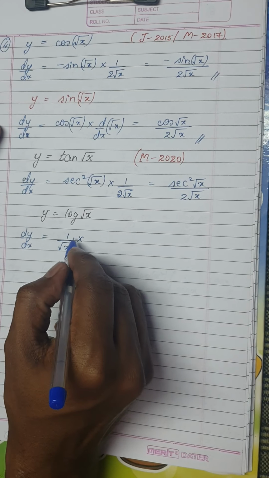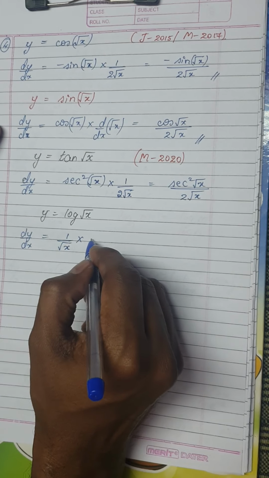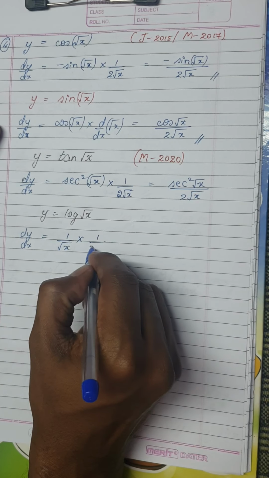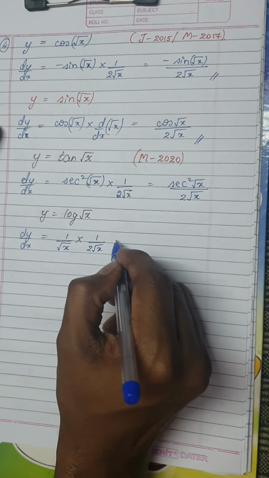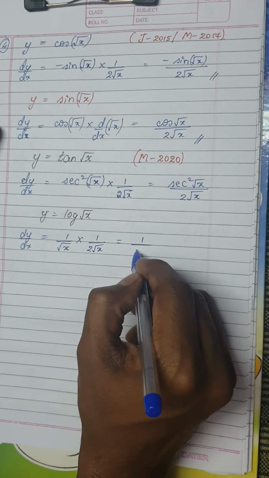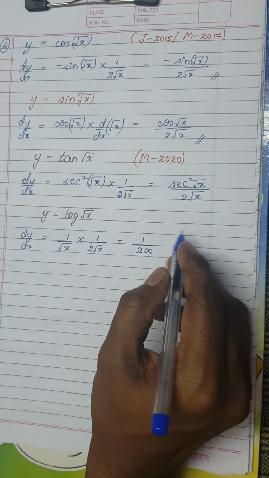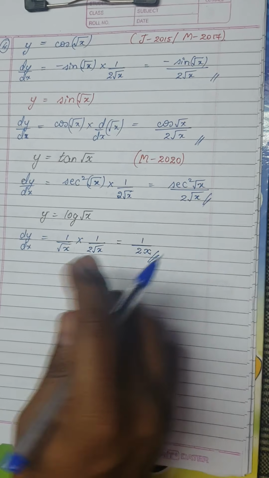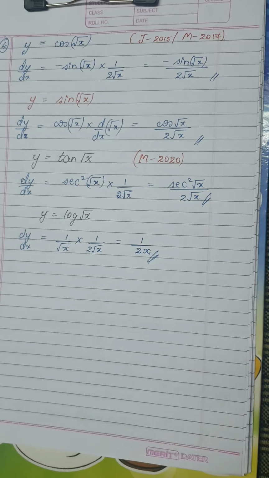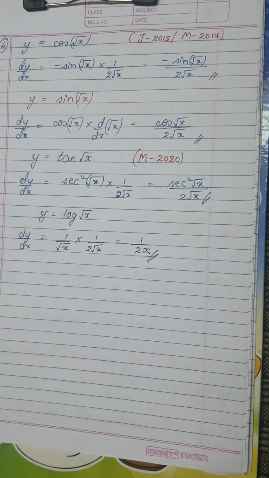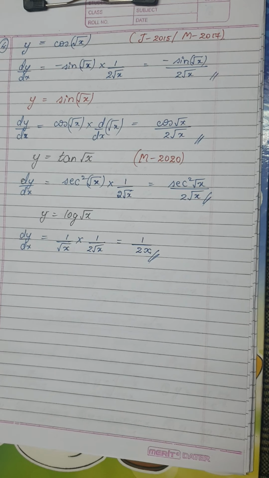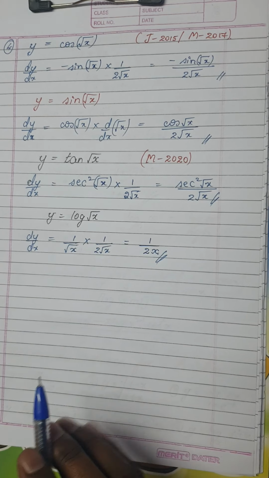Remember, it is 1 by f of x into the differentiation of root x, which is 1 by 2 root x. So if you multiply, it is 1 divided by 2, root x into root x will be x. So if they change the function, you should be able to write the derivative easily, which will give you 1 mark.